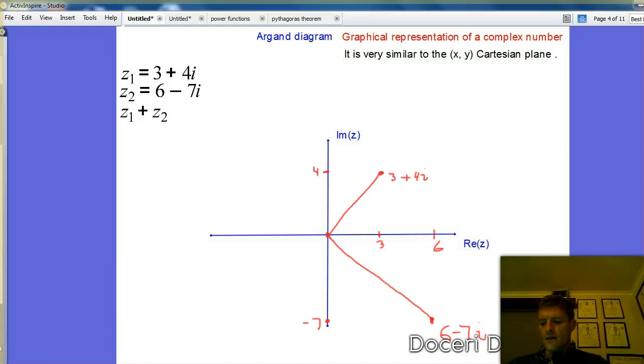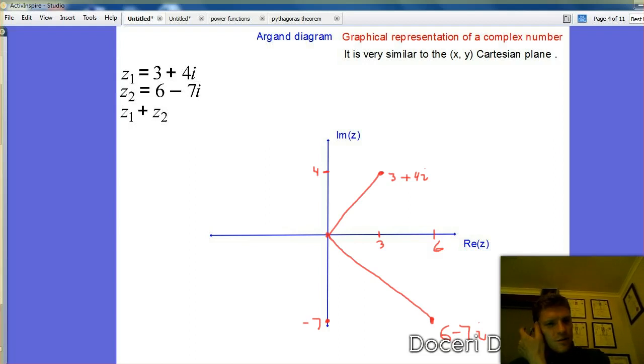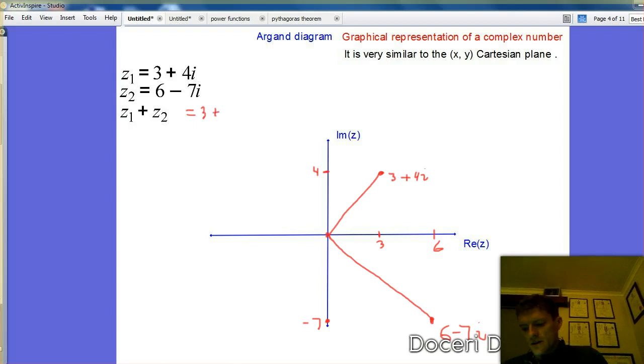Okay, now when we have an Argand diagram and we want to plot our two complex numbers together, z1 plus z2, first let's just get an idea of what that is as a number. So we've got 3 plus 4i, z1, and we're adding z2. So we have 9 as the real part and negative 3 as the imaginary part.